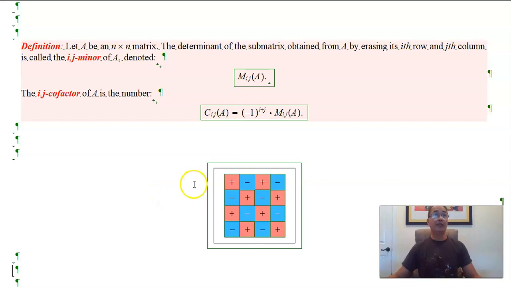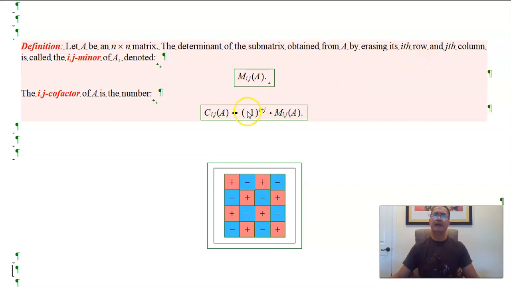All right, so here's the general definition that we need. Suppose you have an n by n matrix A. The determinant of the submatrix obtained from A by erasing its ith row and jth column is called the ij minor of A. We denote it as capital M for minor, M sub ij of A. The ij cofactor of A is the number C sub ij, capital C for cofactor, equals -1 to the i plus j times the minor M sub ij of A. So what is the meaning of this -1 to the i plus j? i and j are the row and column numbers.